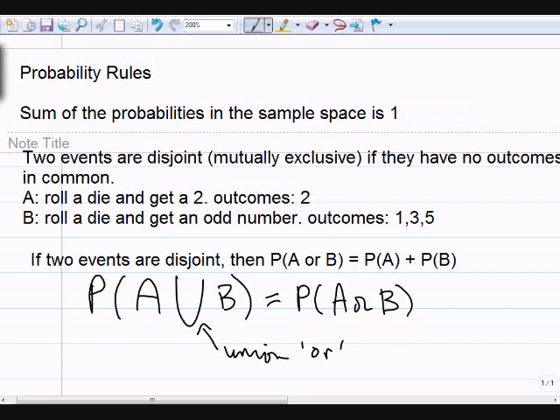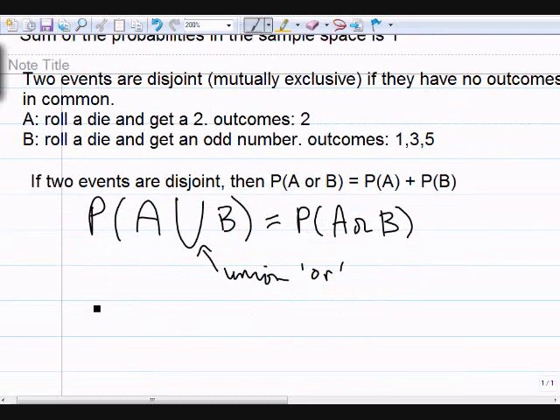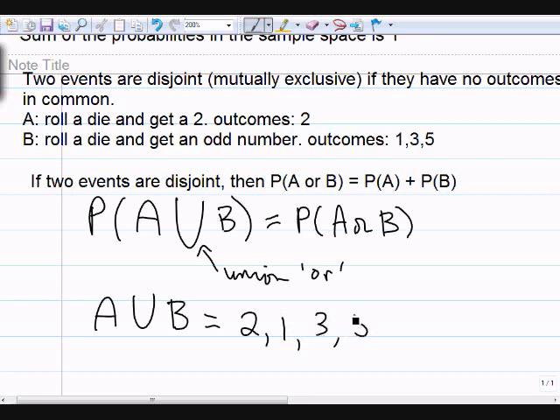The union of 2 sets would be all of the outcomes of the 2 sets. So the union of set A and B, I'm going to have to do this in handwriting, is all the outcomes: 2, 1, 3, and 5.